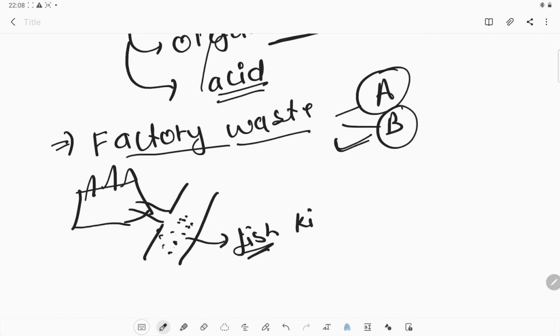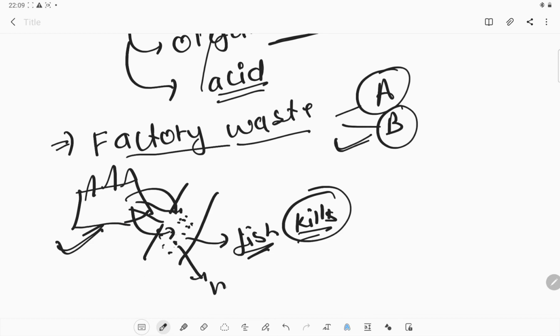Maybe the fish will get killed because of the acidic solution which the factory has released into that stream or river. So instead of directly dropping all the waste into the water body, we can neutralize the solution.